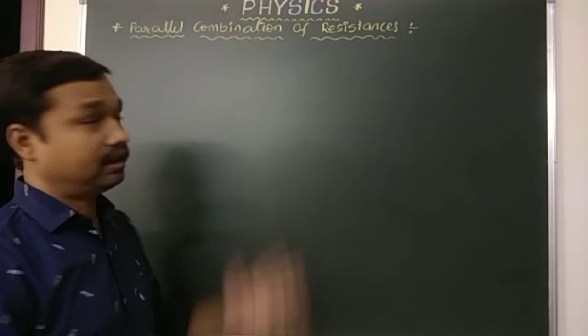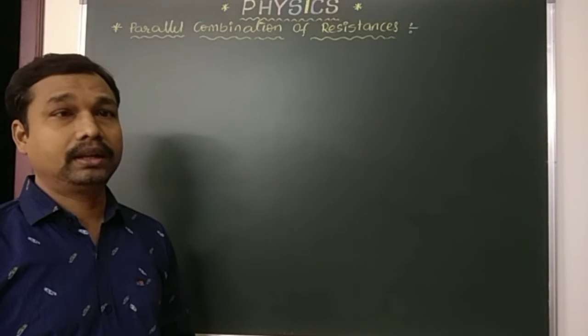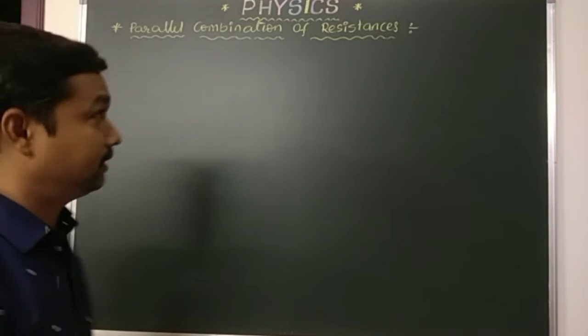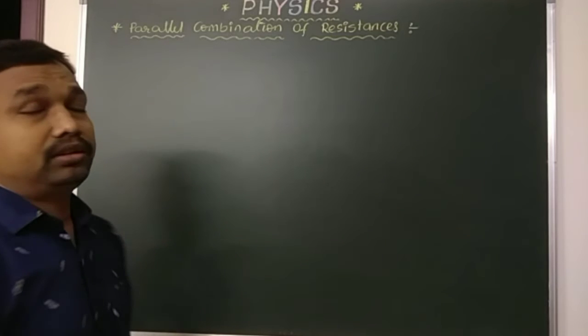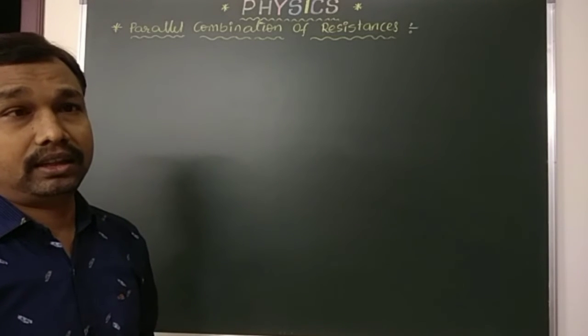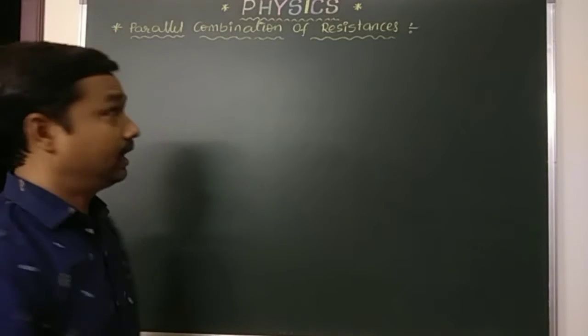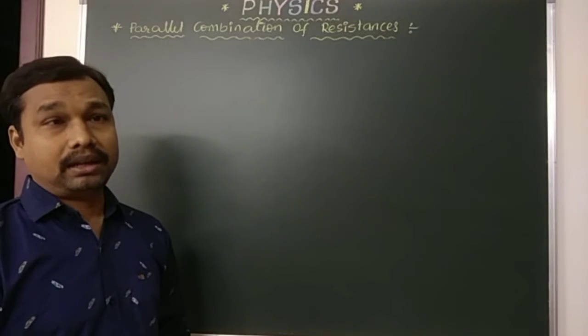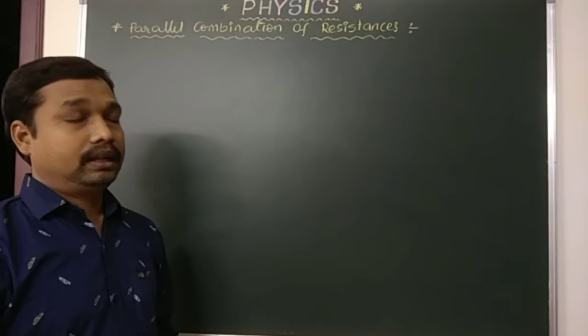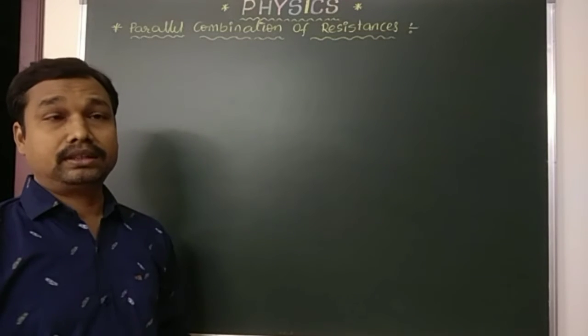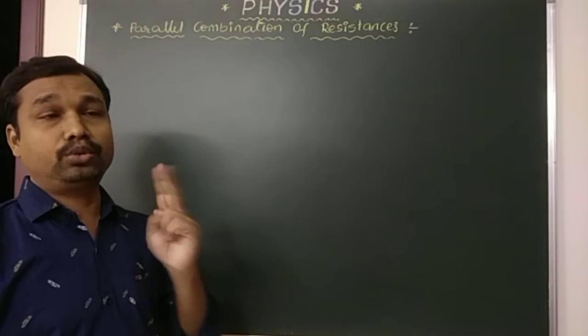Right now we are going to enter into the topic parallel combination of resistances. Here I am taking 3 electric bulbs of different resistances. When will we call it a parallel combination? An electric bulb has 2 terminals.